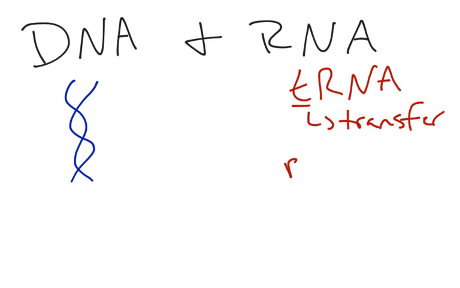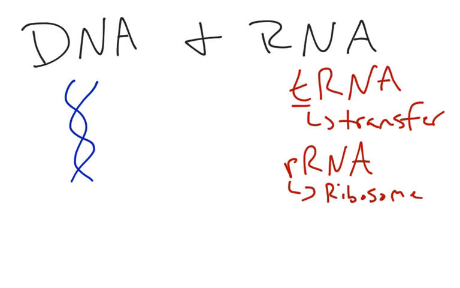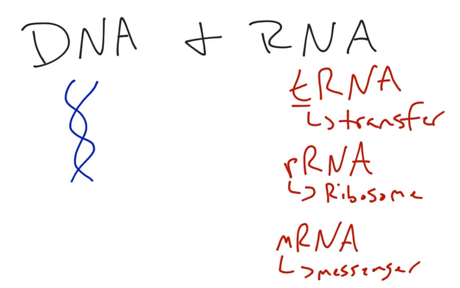There's rRNA, and this is the RNA that makes up ribosomes, so it's ribosomal RNA. And then there is mRNA, the one we're most often used to hearing if you've taken any biology class before, and that's called messenger RNA. Those are the three types we're going to look at.